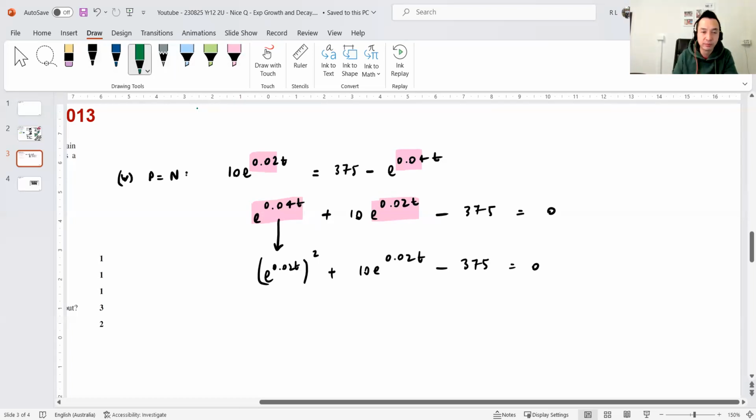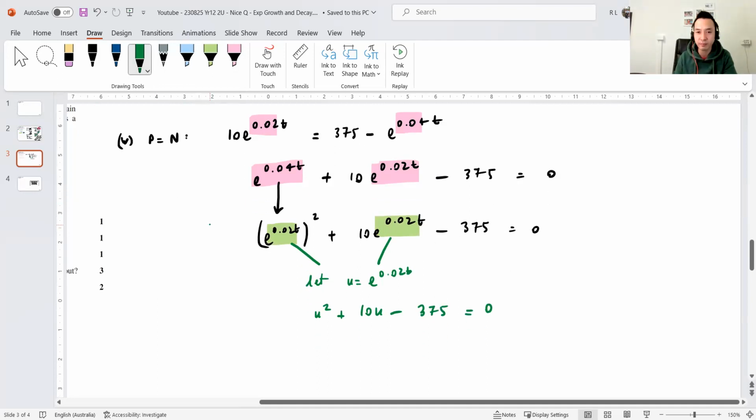So if you use u substitution, you just replace this with the letter u. Let u equal e^(0.02t). Then you would go u squared plus 10u minus 375. It's a nice question, nicely hidden.